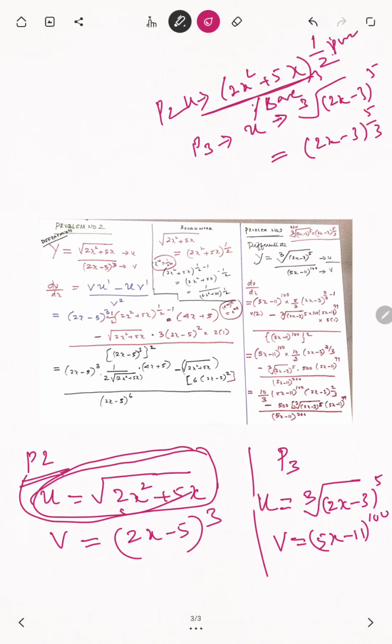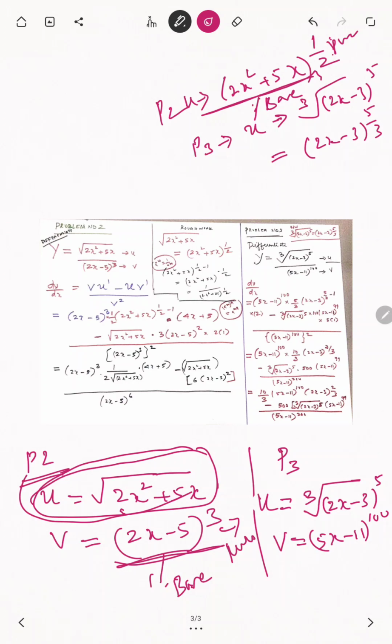Then after that, what happened? Into dot is kept for that. v dash. What is the meaning of v dash? v is 2x minus 5 whole cube. Ordinary family. We have to differentiate this. Again, is 2x minus 5 the base? No, 3 is the power. We have to differentiate the power first. 3 into 2x minus 5 whole power 3 minus 1.